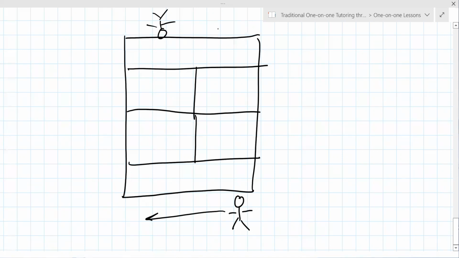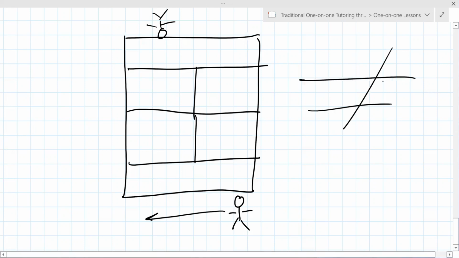Yes, because it's corresponding. The difference with parallel lines is you're not looking down versus up. You're just in a relative position. Top right, top right, top left, top left.